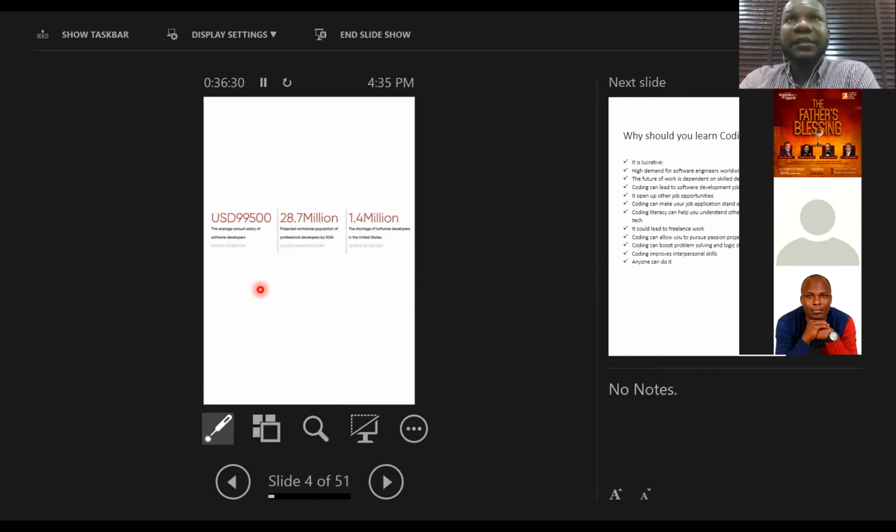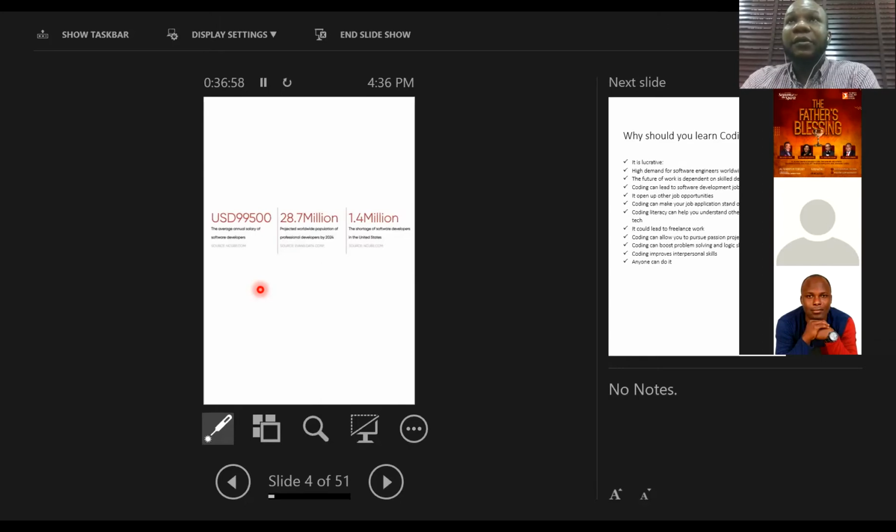Okay, and this statistic shows, from ncube.com, that the average annual salary of software developers is actually $99,500 yearly. Okay, and the projected worldwide population of professional developers by 2024 is 28.7 million. Okay, that's out of the billions of the population of the world, 28.7 million.